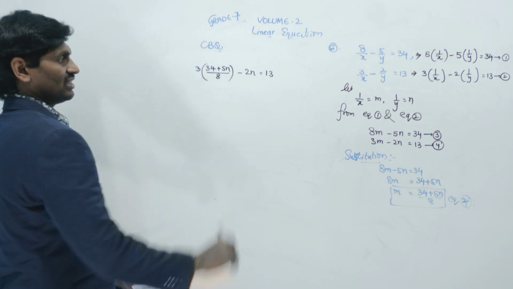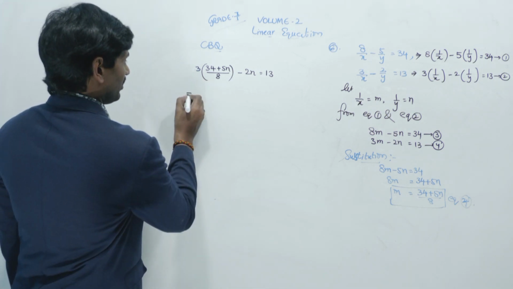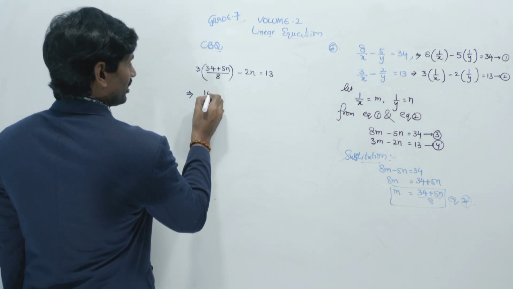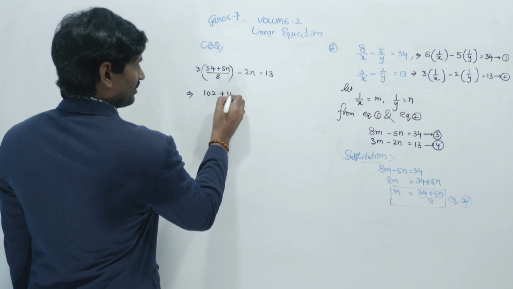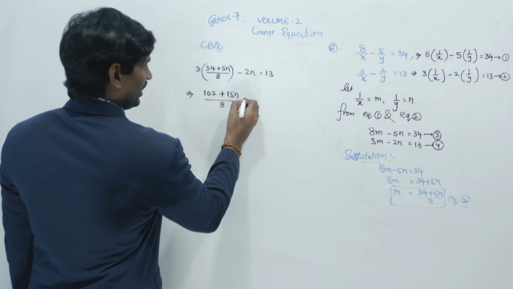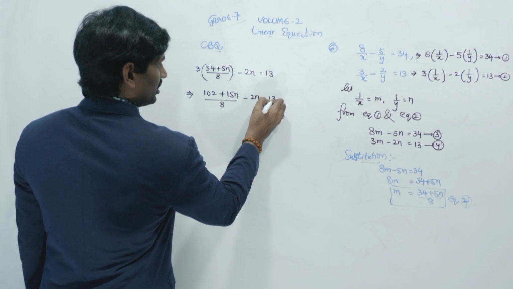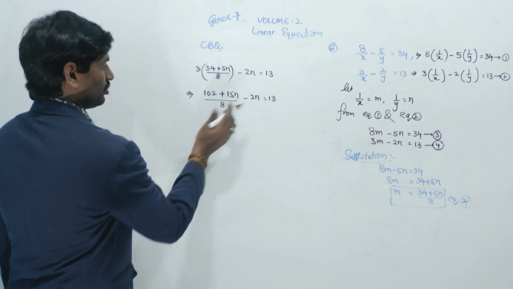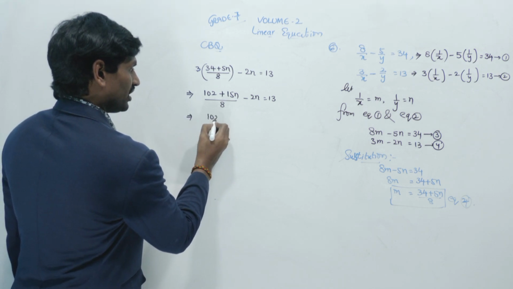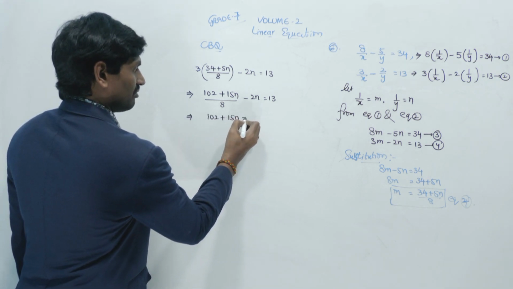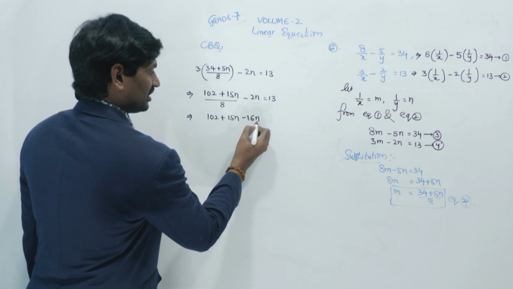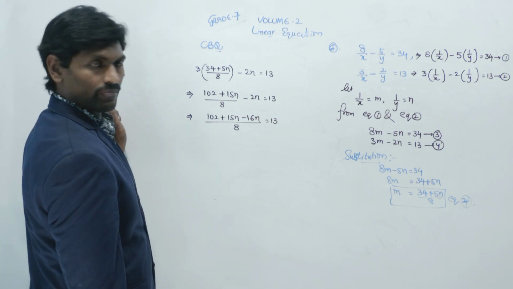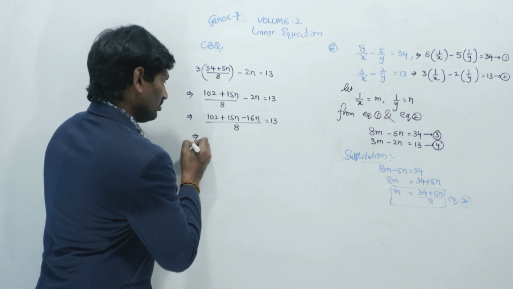There is no cancellation between 3 and 8, so we need to multiply. 3 into 34: 3 30s are 90, 3 4s are 12, so 102, plus 3 5s are 15n, divided by 8, minus 2n equals 13. Now it looks like a mixed fraction with a whole number. So 102 plus 15n minus 8 into 2, that is 16n, by 8 equals 13.